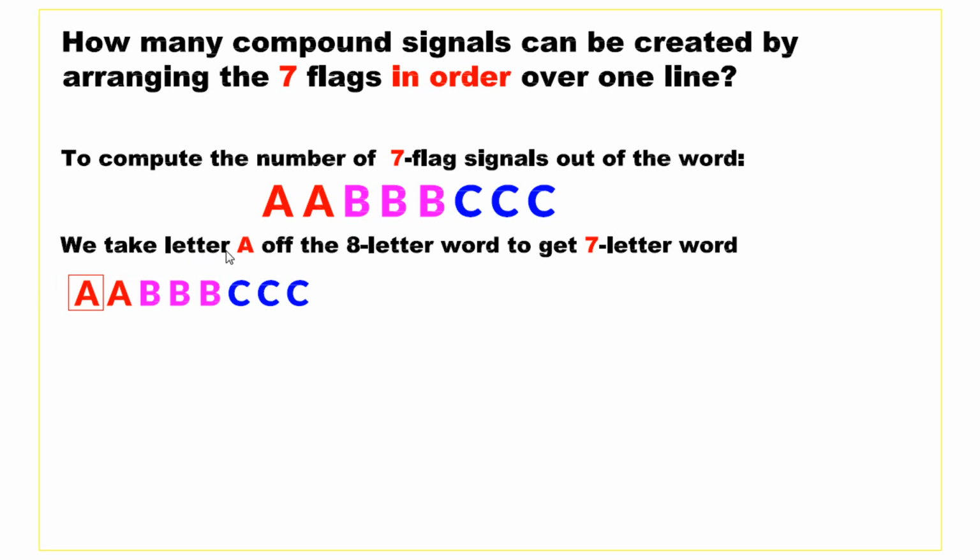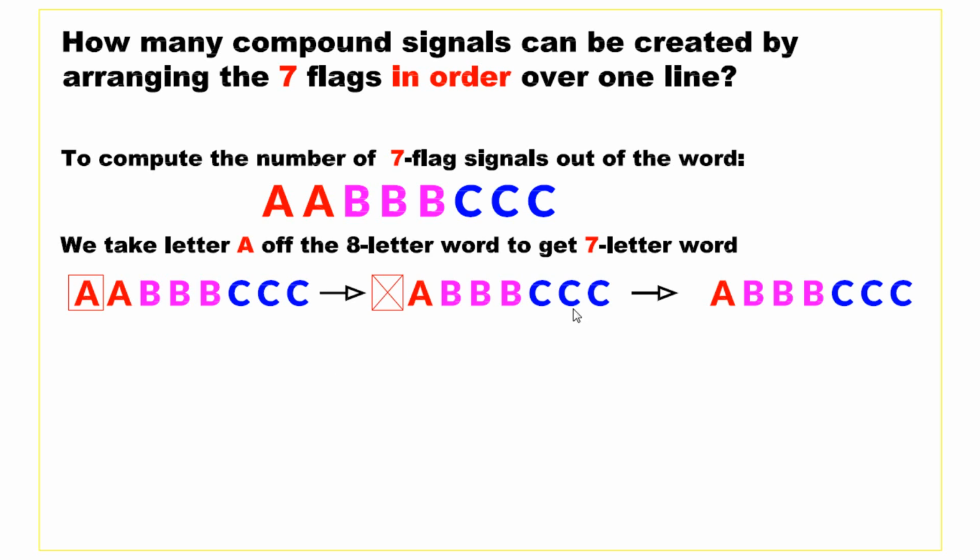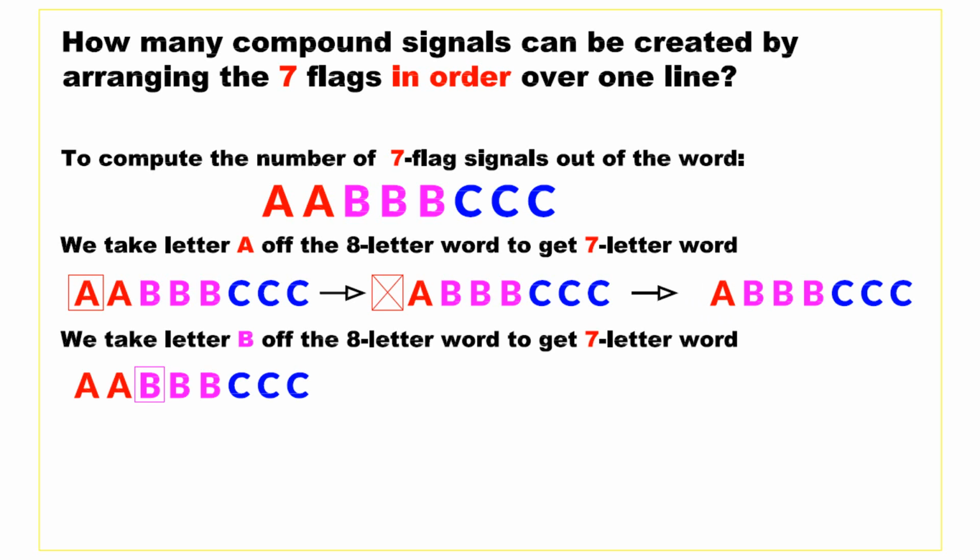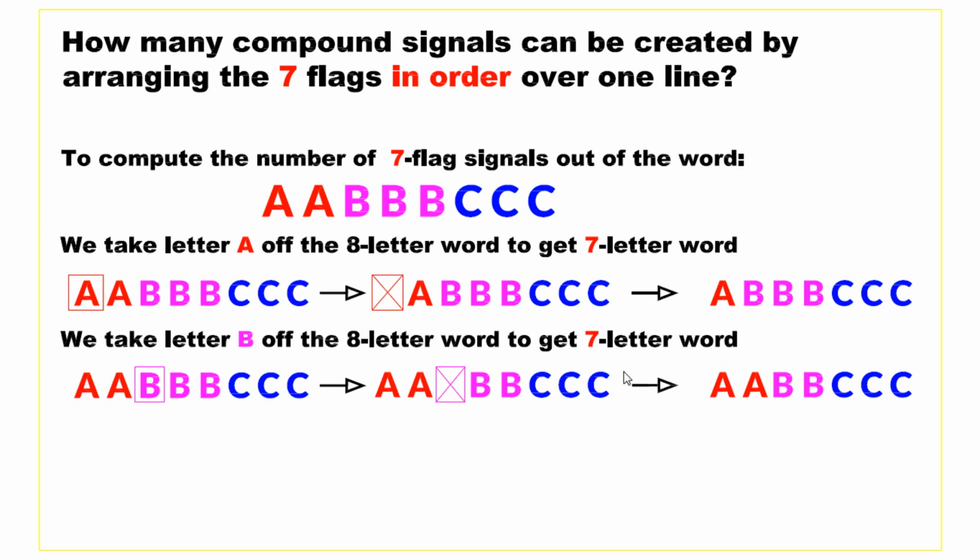First we take letter A off and we end up with a 7-letter word. In the second case, we take letter B off and we end up with a 7-letter word.